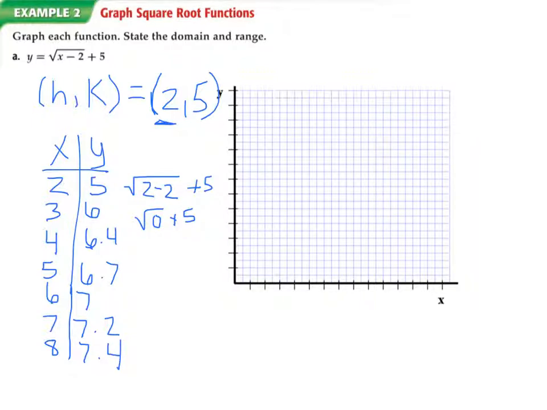So when we go to graph these, we'll go to 2, all the way up to 5. Now we'll graph 3, 6. And now, let's see, we're going to graph 4 and 6.4.